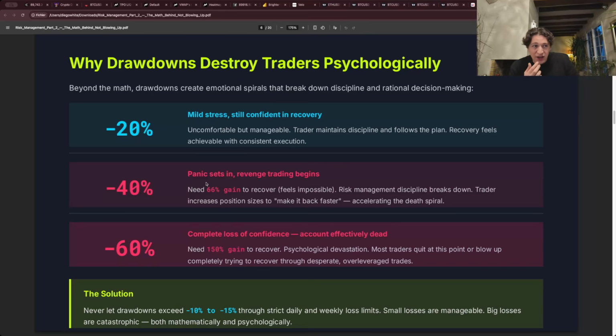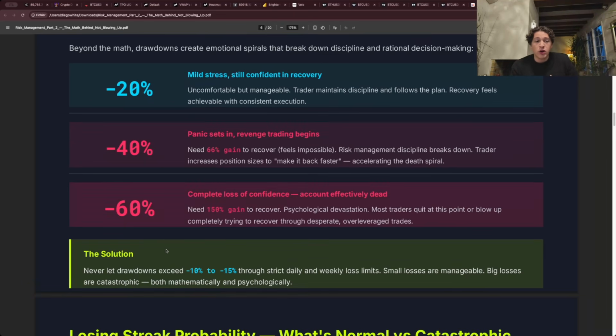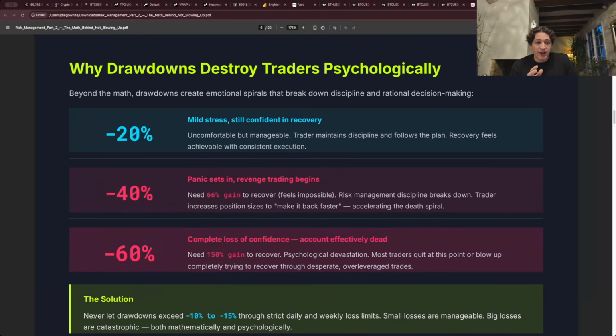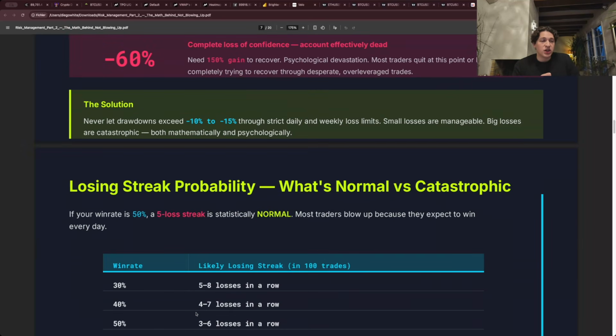At 40% panic sets in, reverse trading begins because you really need to make back that money, and at 60% it's completely over. So my solution, guys, is to never let drawdowns exceed 10 to 15% through strict daily and weekly loss limits. Small losses are manageable, big losses are catastrophic, both mathematically and psychologically, okay?